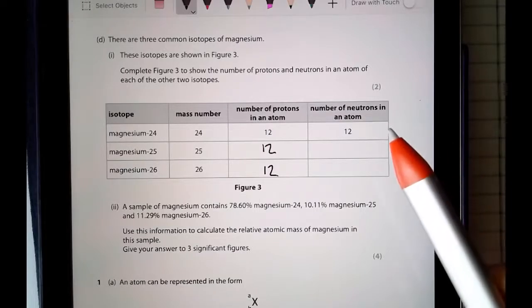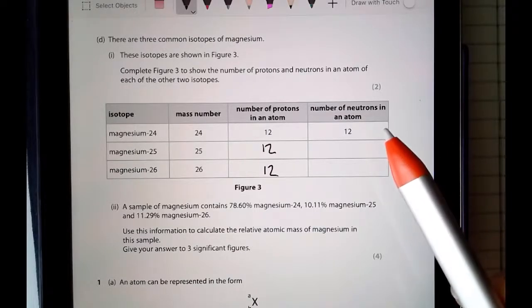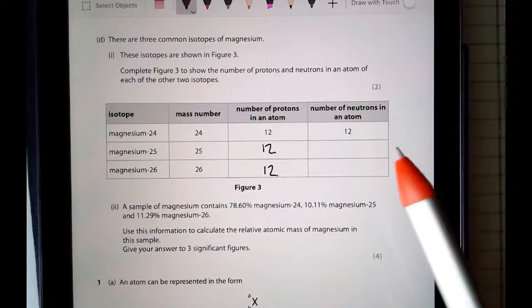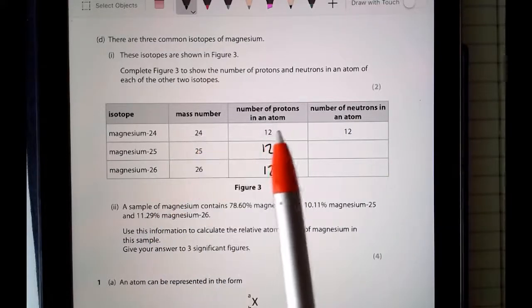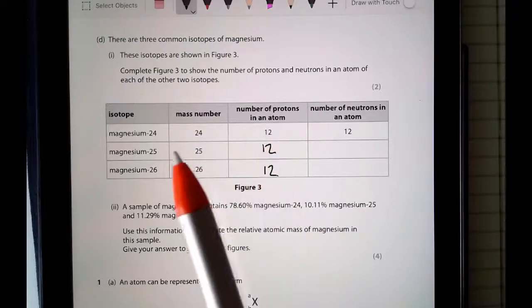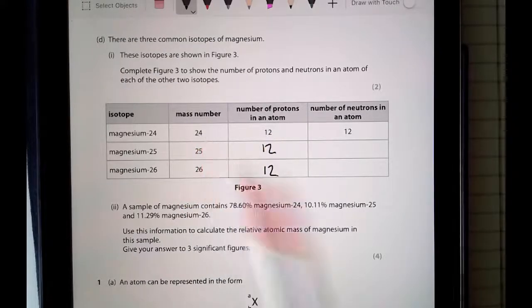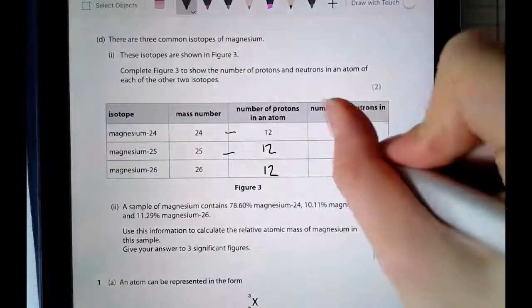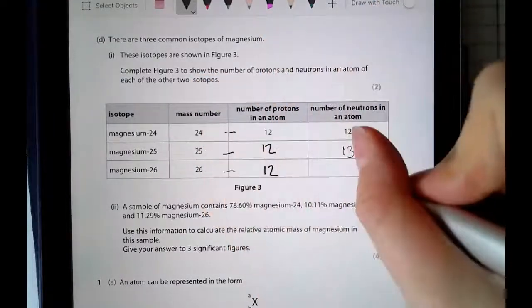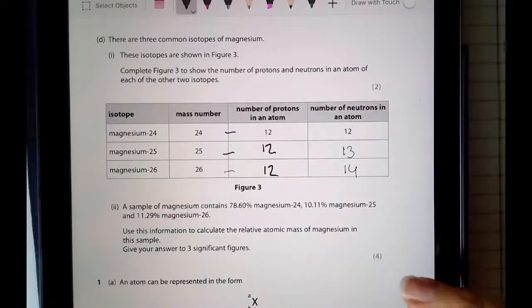They have a different number of neutrons, however, so you're actually going to have to calculate the number of neutrons. To calculate the number of neutrons, it's always the mass number, so the larger number, minus the number of protons, so the small number, so big minus small. 24 minus 12 is 12, 25 minus 12 is 13, 26 minus 12 is 14.